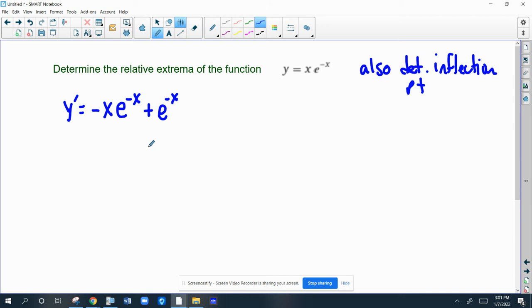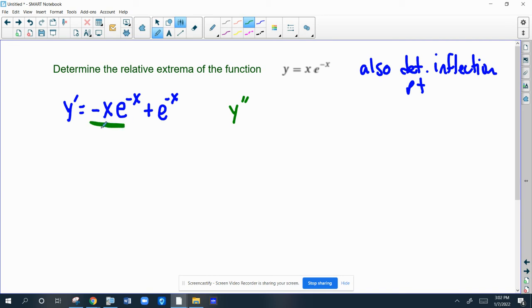To find the critical numbers, we're going to factor that. But before we do, let's find the second derivative, since we're also looking for points of inflection. The first part of this is going to be very similar to what we just did. It's a product rule. The only difference is we have a negative.